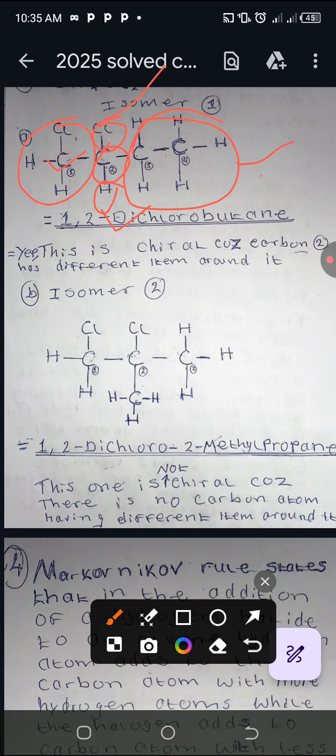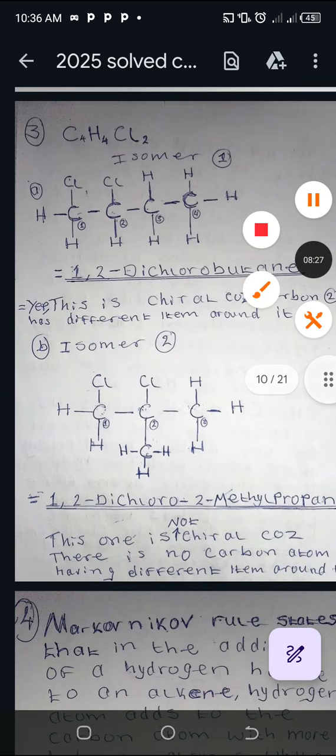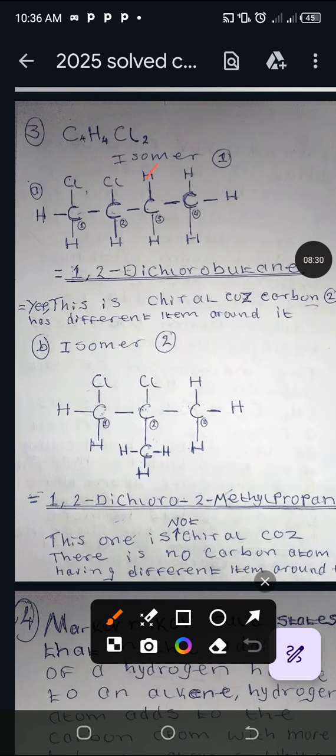I don't know if there is any of you who understood. Now for the fact that the whole structure has one carbon that is surrounded by different things, it means that even the whole structure, we can say that it is chiral. In case the second one wasn't chiral, we would have come to the third one.